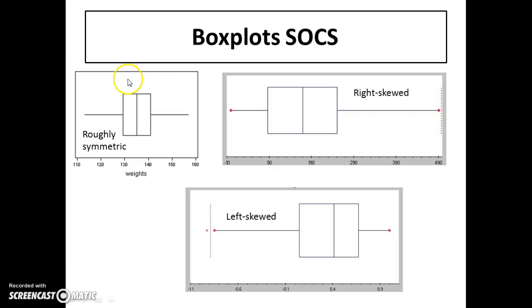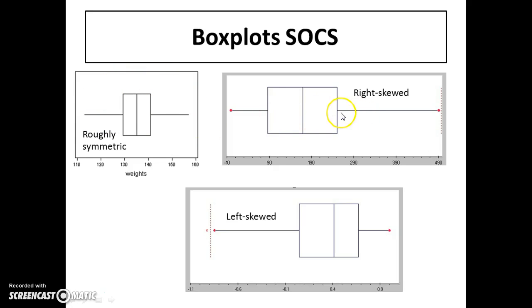The shape of the box plot can be a little bit confusing if you're not used to it. When we're looking at a distribution of data that is roughly symmetric, our box plot looks roughly symmetric, right? You see that the median is roughly equidistant from each of the quartiles, and the whiskers are roughly the same length, which means that if this were a curve, our tails would be the same length.